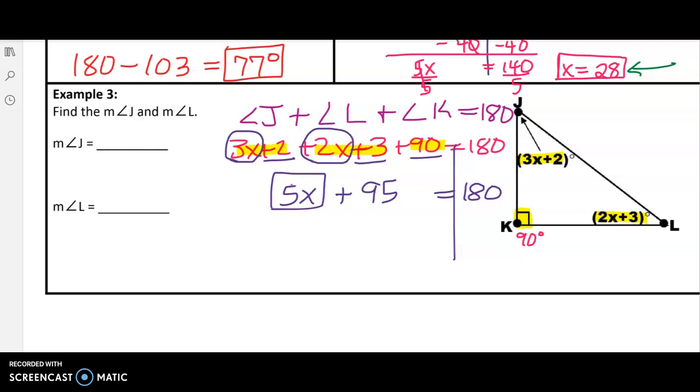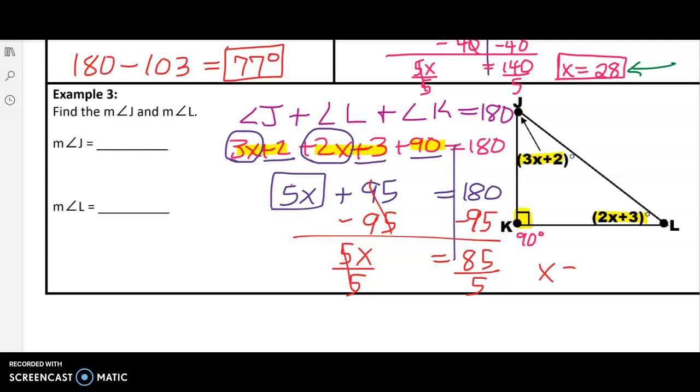So since it's a plus, we're going to minus. 95 minus 95 is 0. So we have 5x equals 85. And we're going to divide both sides by 5 to get that x is equal to 17.